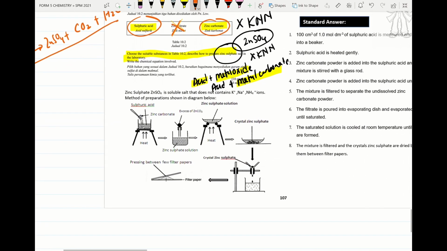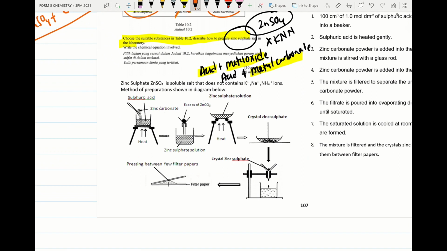Alright, so how to prepare this salt? Look at the diagram. We take the sulfuric acid, we take the zinc carbonate, and add them into a beaker. We heat the mixture. We must add the zinc carbonate in excess, until there is unreacted zinc carbonate at the bottom of the beaker.